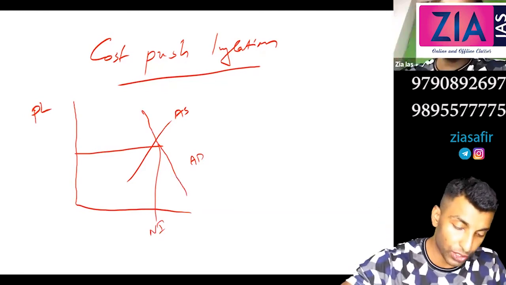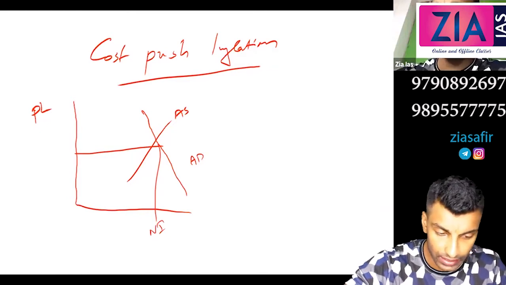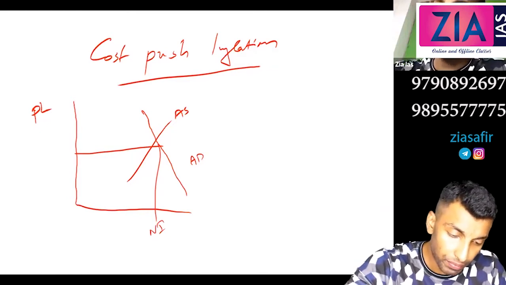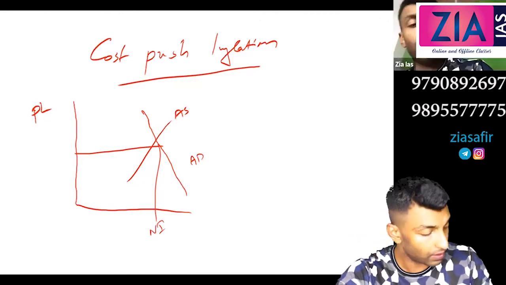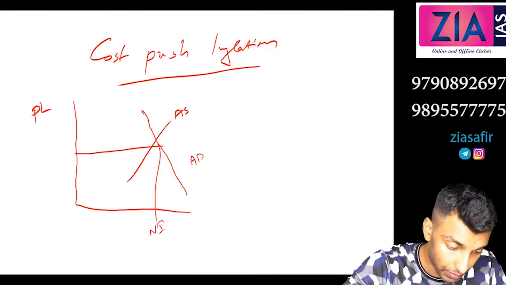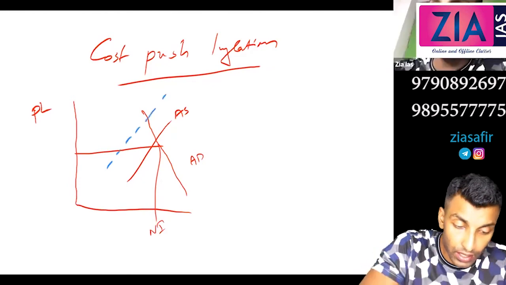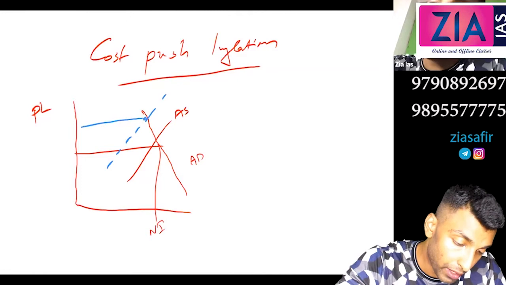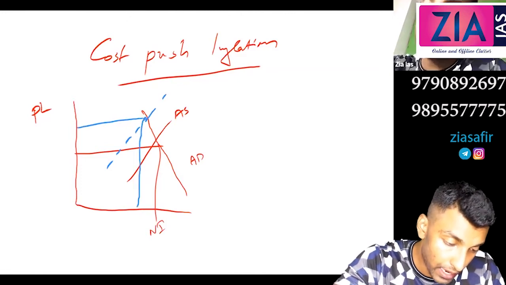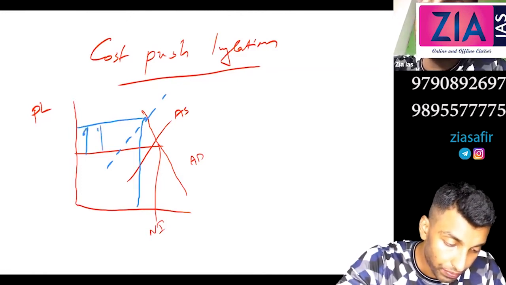The reason is actually cost of production. Supply decreasing means the supply curve shifts leftward or rightward? Left, sir. Leftward shift will be there. So I'll shift this leftward. You can see here there's a new point, and you can drop it down. So the price increased here.